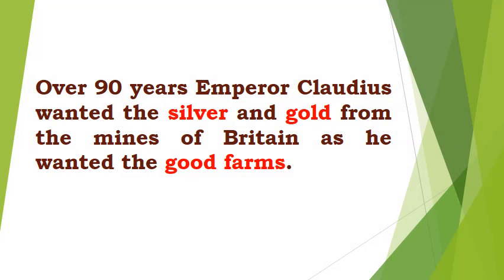For over 90 years, that means for more than 90 years, Emperor Claudius wanted the silver and gold from the mines of Britain, and he also wanted the good farms. He was trying to take Britain.